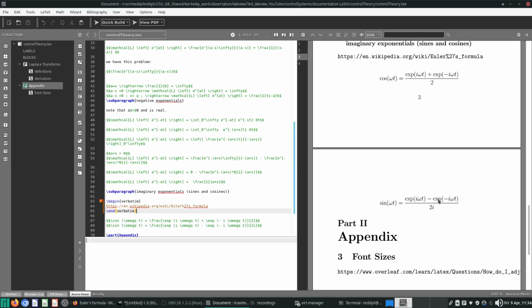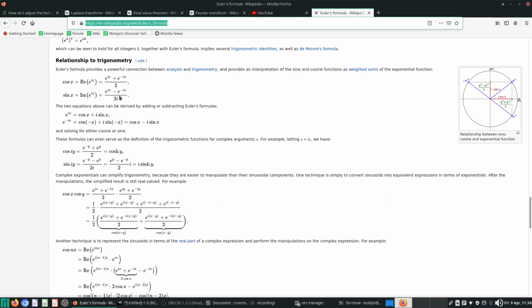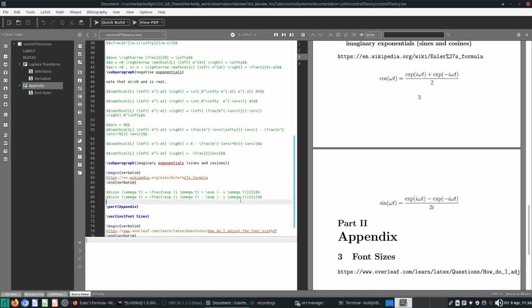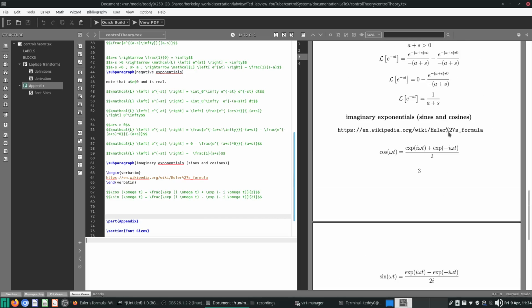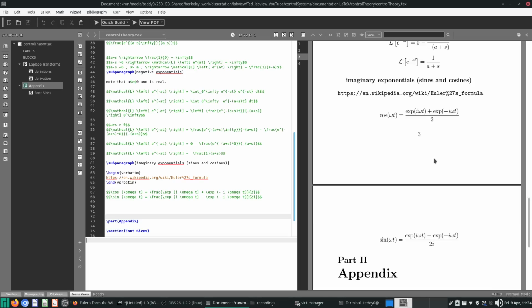So this is why we want to concern ourselves with imaginary exponentials, because these things help us deal with sines and cosines a lot easier. Once you know the Laplace transform of exponential i omega t and exponential minus i omega t, you'll be able to compute sine and cosine Laplace transforms without any issue.